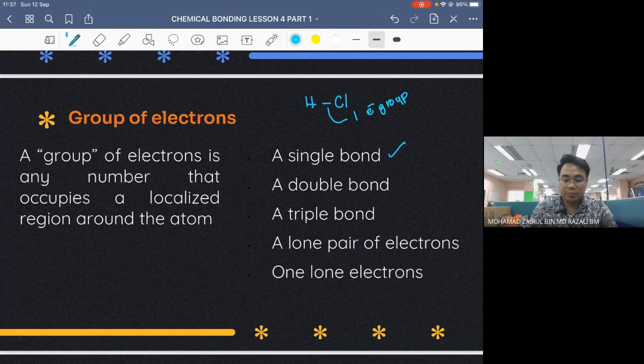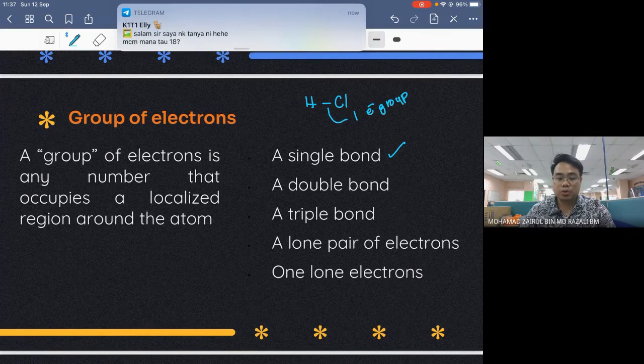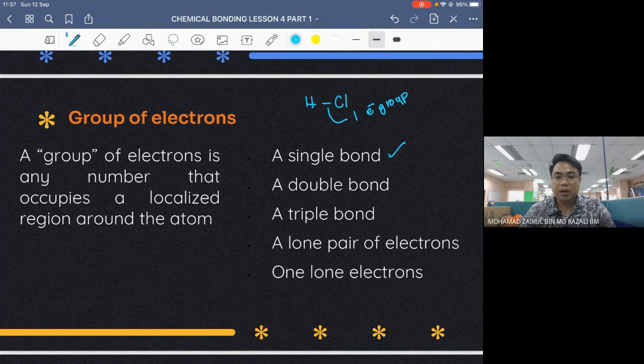A double bond we also consider as one group of electrons. Let's say for example, if I have C double bond O, double bond O, this is the Lewis structure for carbon dioxide.